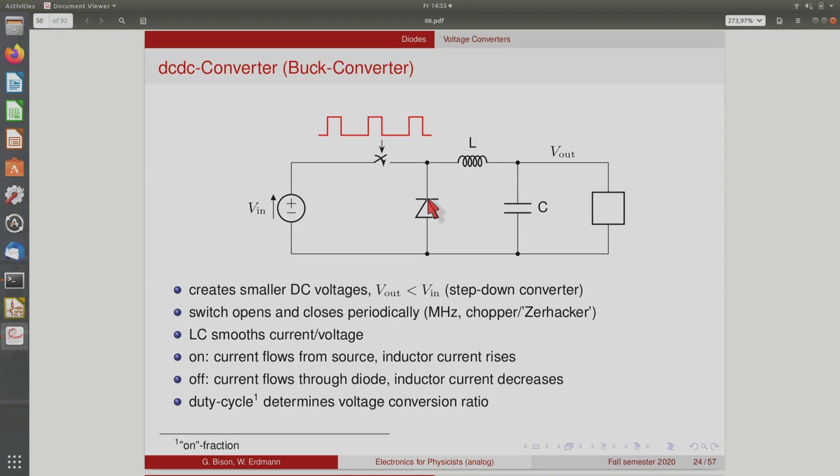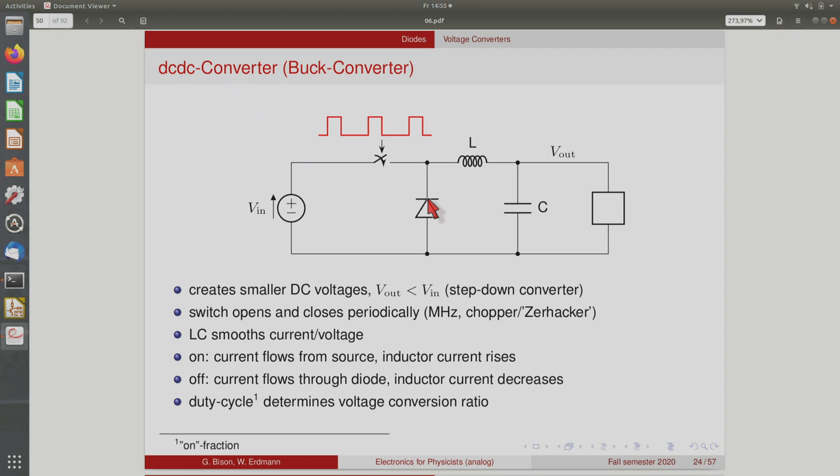Another voltage converter is used in the other direction. So the charge pump creates higher voltages. Sometimes you want to create lower voltages. So, for instance, when you have a long cable and you want to avoid losses on the long cable due to ohmic resistances, it is more convenient to come in with a high voltage, but at the consumer, you need a lower voltage but a higher current.